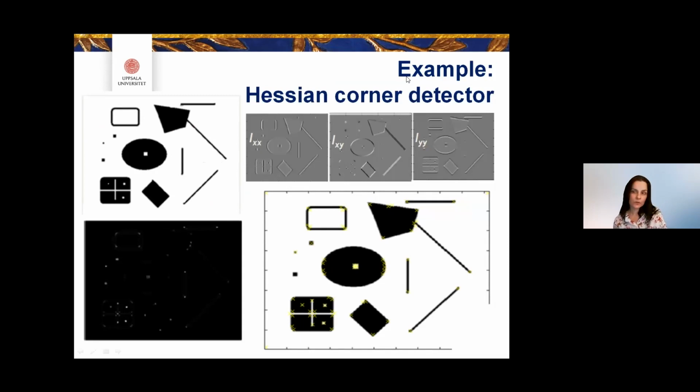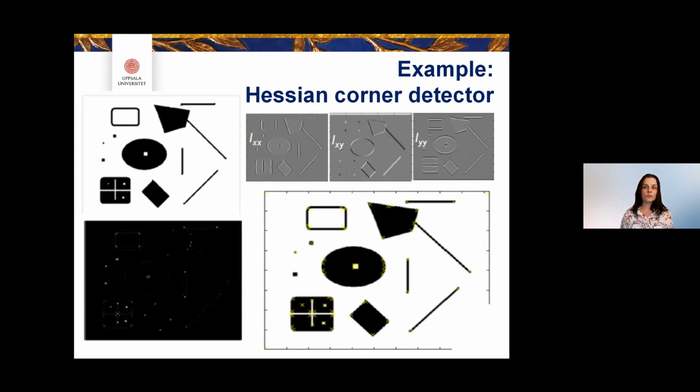Here is an example of performance of the Hessian corner detector on this image, which contains a number of different shapes. What we need to compute are second-order derivatives, and they're shown here. And then we need to compute the determinant of the Hessian matrix, which means that we are multiplying these two images and subtracting the square of this one.